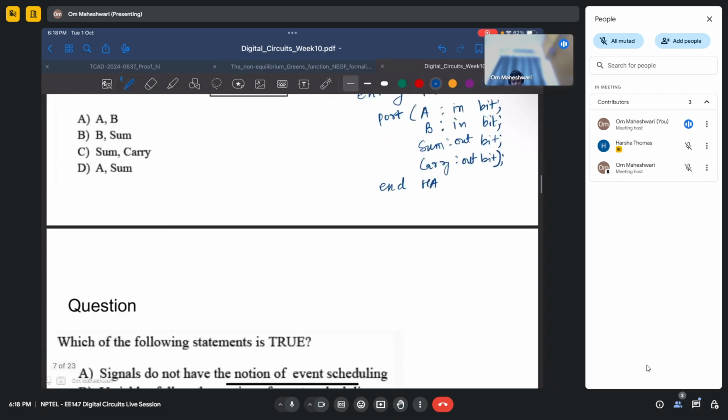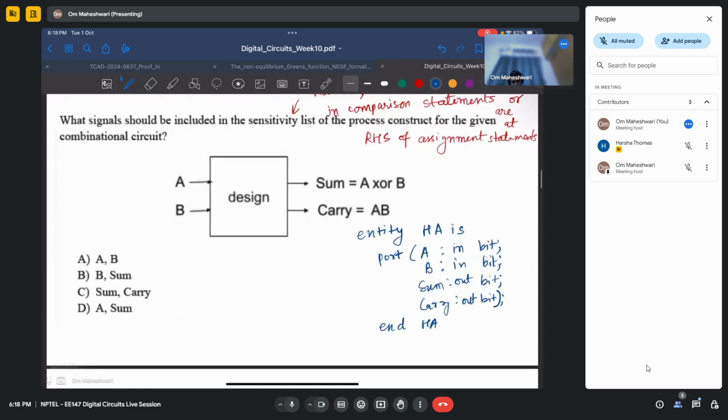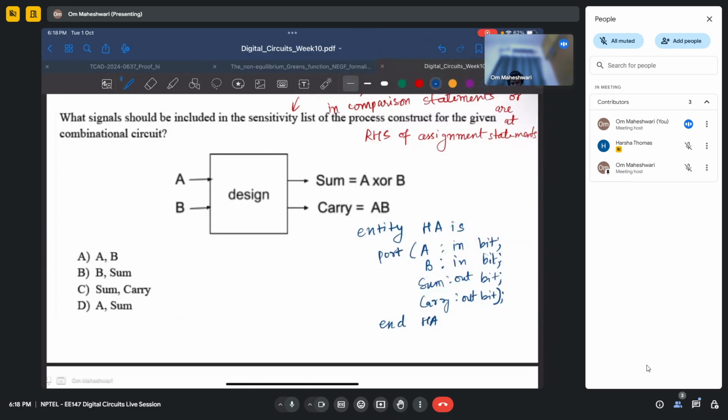We go to the architecture and I'll just write the logic. Inside the process construct, what we should have I'll leave for now, but what will be our main code when we begin?